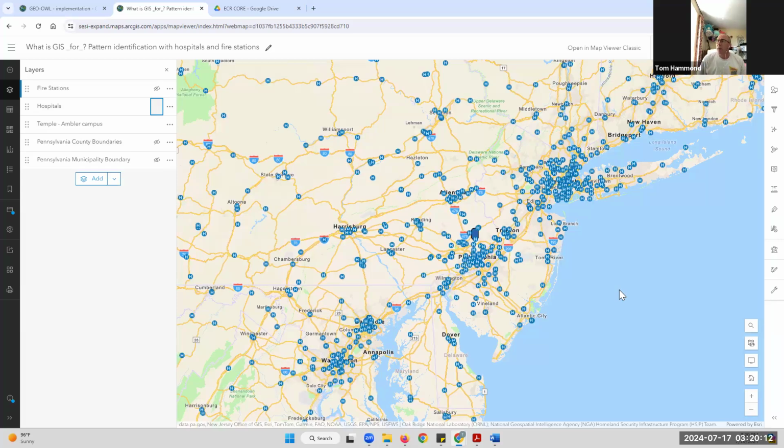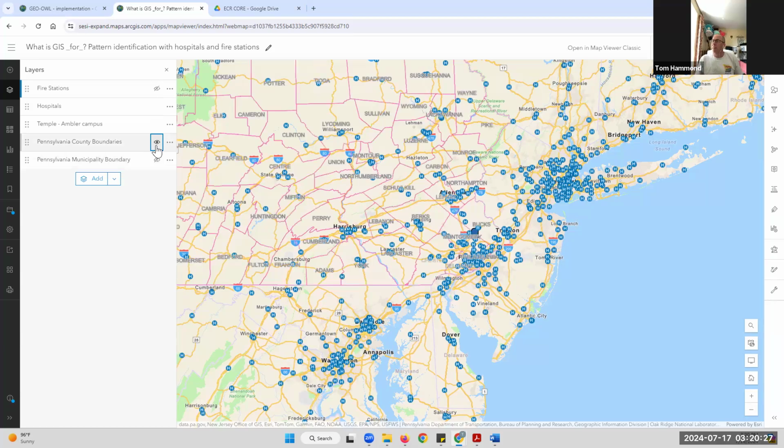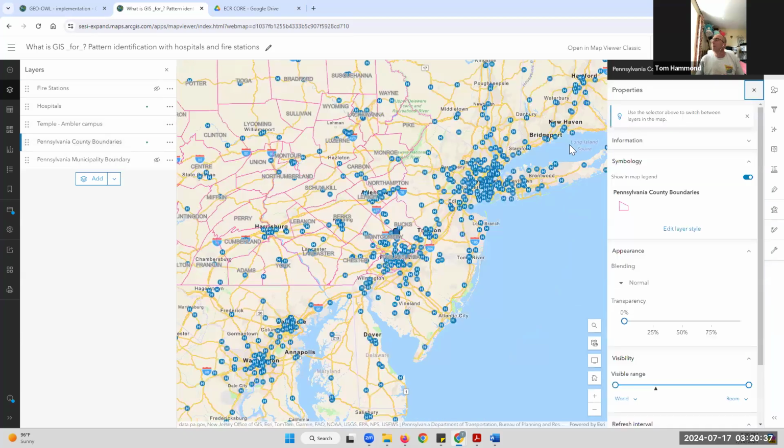Okay. But let's take a look at Montgomery County specifically and see if there's some additional information we can figure out about where hospitals are located by just focusing on Montgomery County. So switching on the county boundaries here. All right. And we can see by the label, there's Montgomery County. But I tell you what, let's run a filter to make this a little bit easier to focus on.